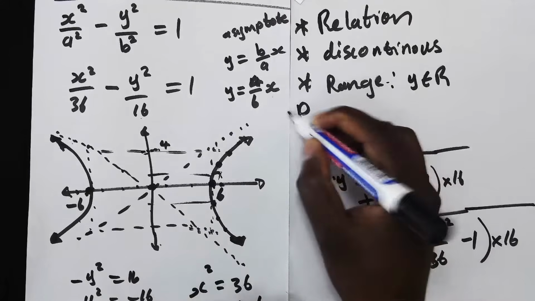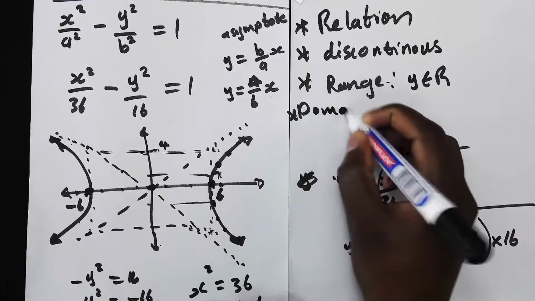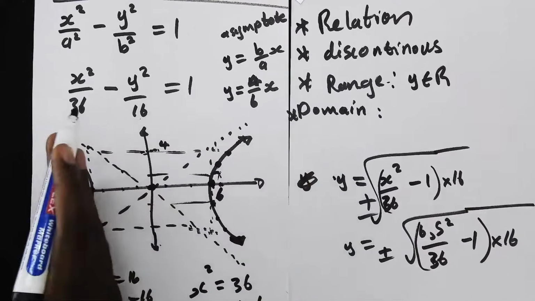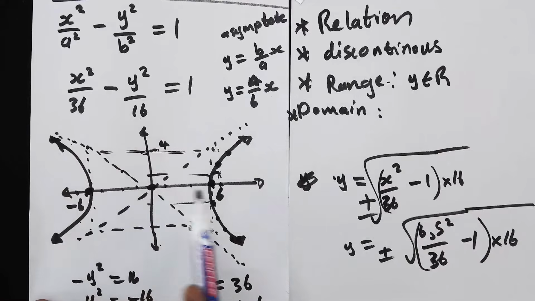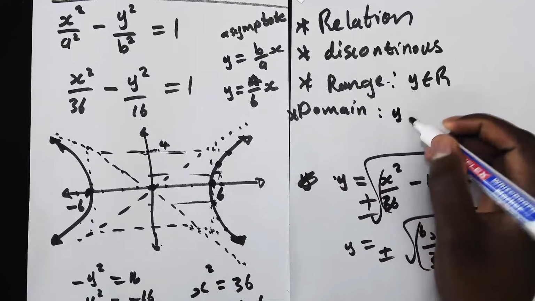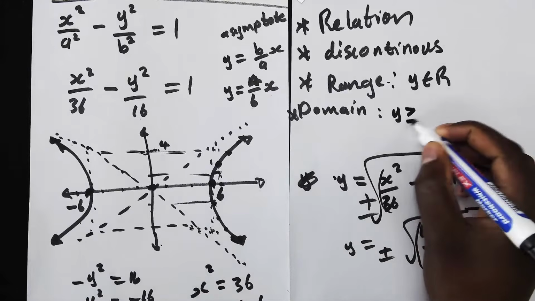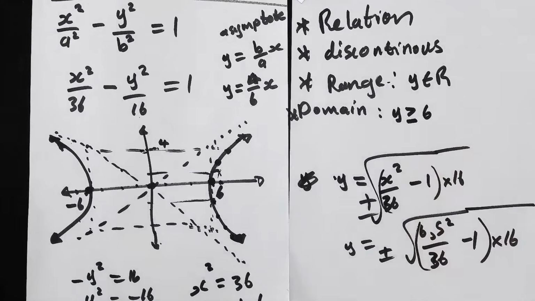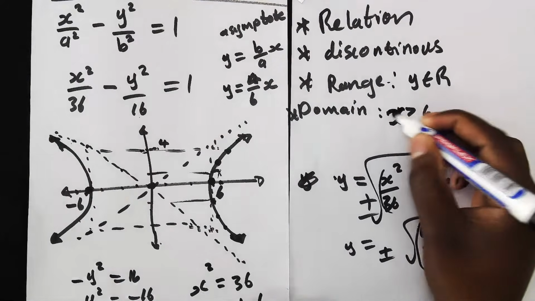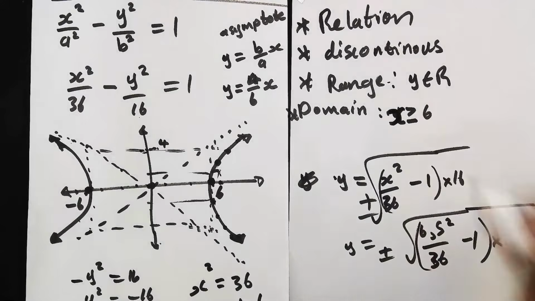Then when we look into the domain, that's where we need to pay attention. These are the x values. So horizontally we inspect. Through here we don't have a graph. I hope you see something is happening. So which means we need to specify that x must be greater than or equal to 6.